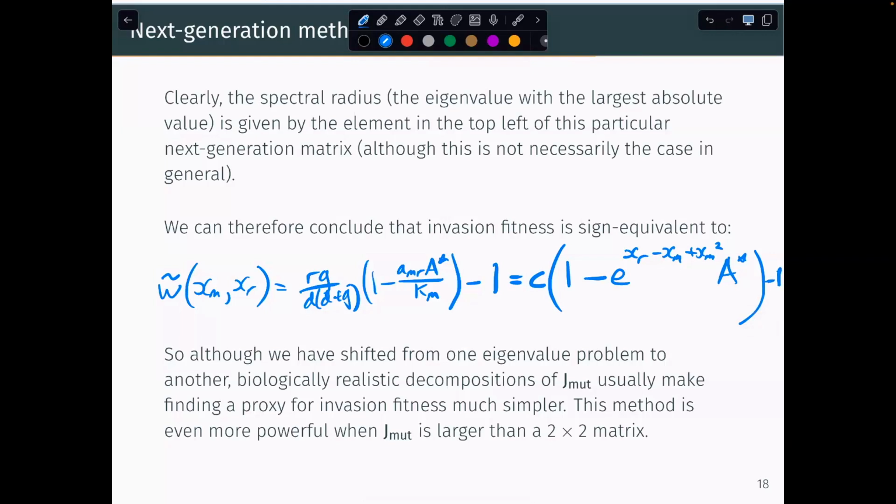Like I say, although we've shifted from one eigenvalue problem to another, we still have to find eigenvalues. This biologically realistic decomposition of a mutant Jacobian usually makes finding this proxy, my fitness proxy W tilde, much simpler. And this is even more powerful when J-mut is larger than a 2 by 2 matrix. It's not terrible to find eigenvalues for a 2 by 2.